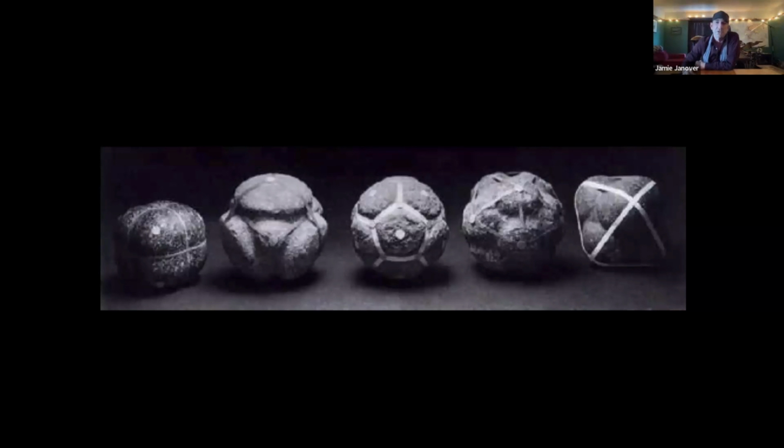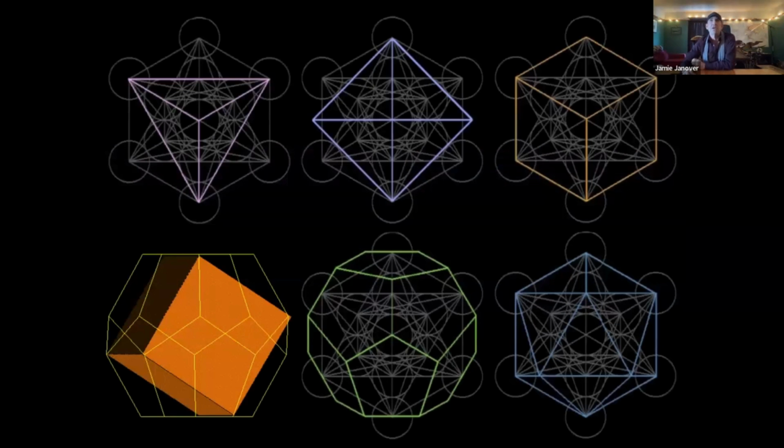These are 3,000-year-old Platonic solids found, I think, in Scotland. These are the Platonic solids. Take a sphere, you put spheres around, 6 of them, because that's how many fit around this one circle, and then you put another circle after that. You get a total of 13 circles, and you connect the center points of all those circles.